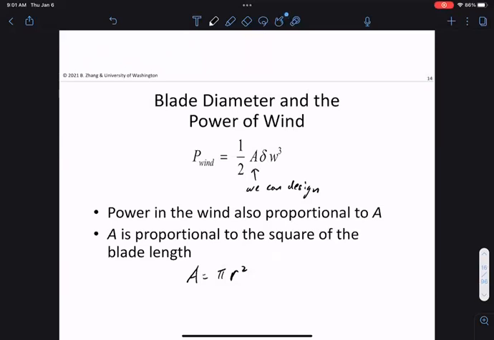The longer the blade, you have a squaring effect in the area. So that's why you want to build big turbines. You pick a site with the highest wind speed, and you build the largest turbine you possibly can at that site, because the power is proportional to area, and area is the square of the length of the blade. So you also want that to be long.